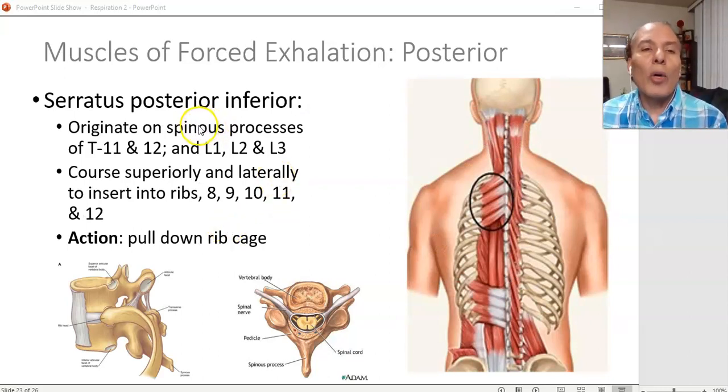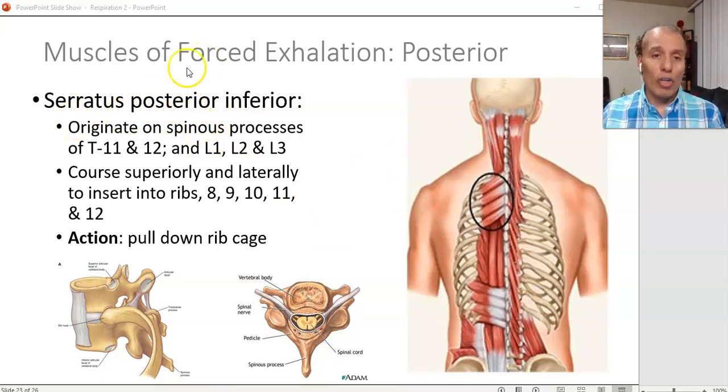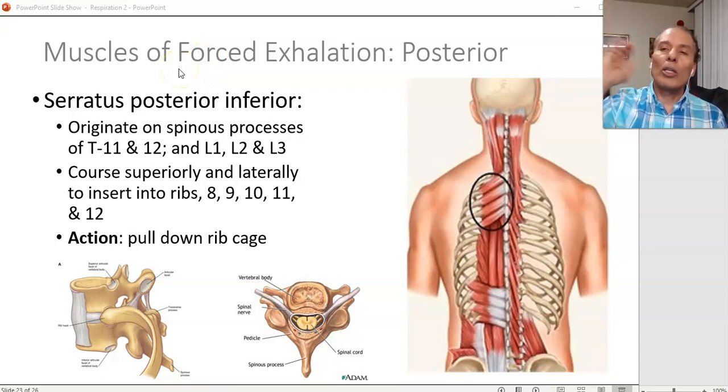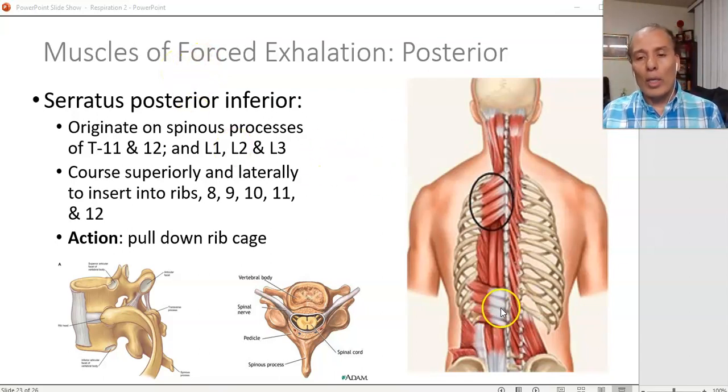And then the serratus posterior inferior. We mentioned before that the serratus posterior anterior is part of the inhalation muscles, and this one, serratus posterior inferior here, is going to act to pull down the thorax, the lower segment of the thorax, in and down.